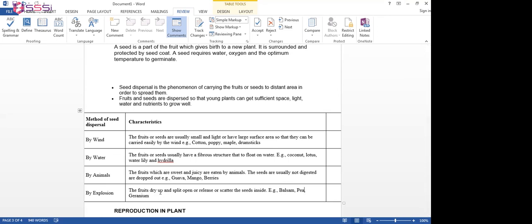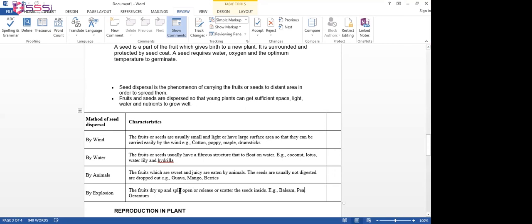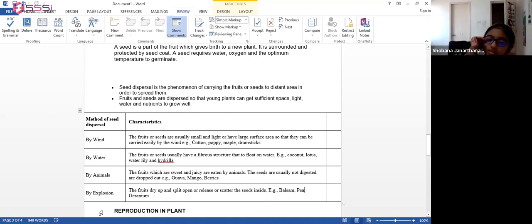So they'll be light. They'll move from one place to another. They'll dry up and burst open. They'll split open. So they release or scatter the seeds inside that fruit. Okay, ma'am.